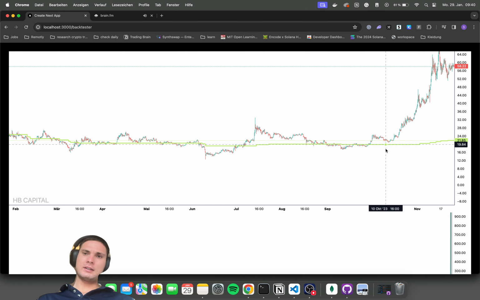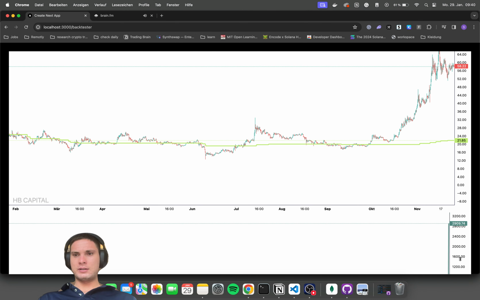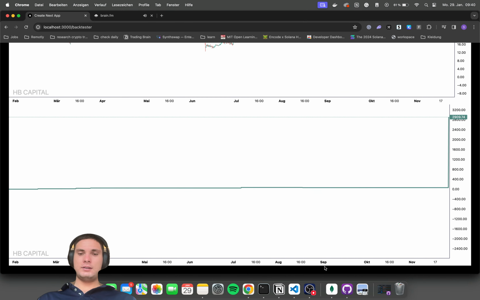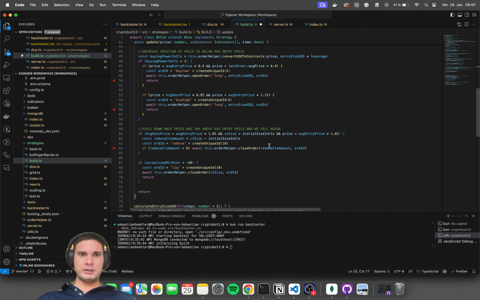And I guess when something like this happens, we can include or integrate leverage increases as well to actually get even more out. This is crazy return. Nice. So I'm happy with that for now.